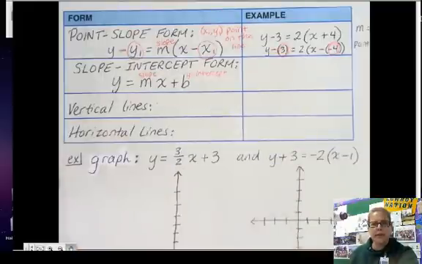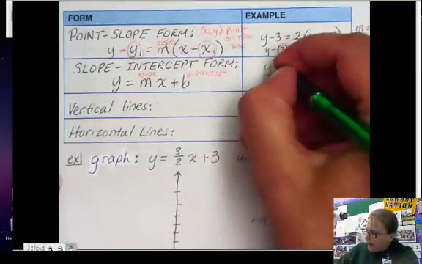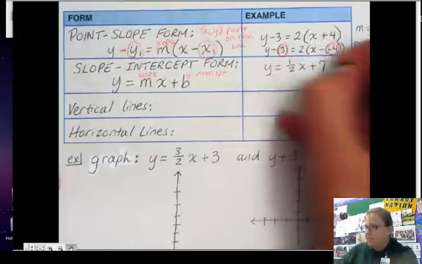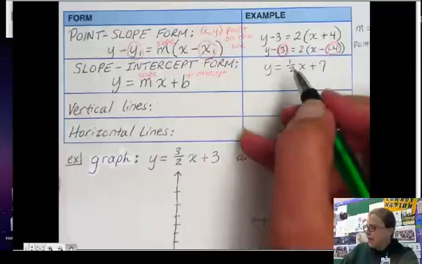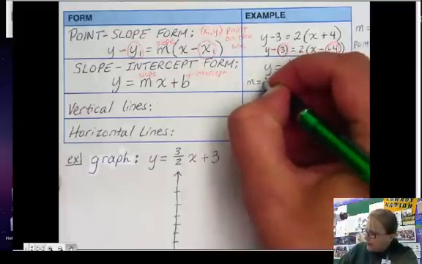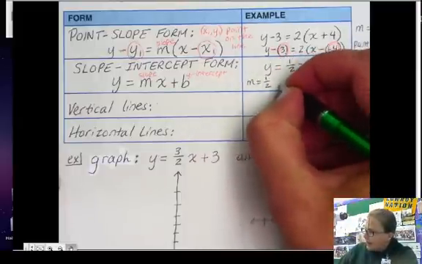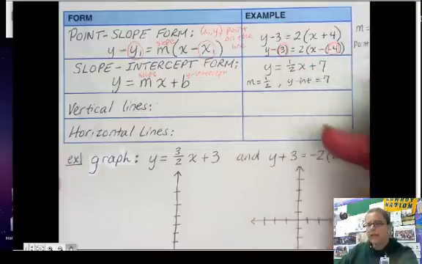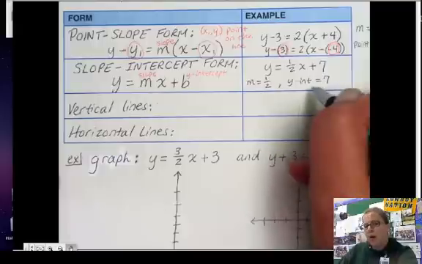So y-intercept is what b is. So let's do an example. Y equals 1/2 x plus 7. So that means that my slope, m, is 1/2. And my y-intercept equals 7. And y-intercept, remember, is where it crosses the y-axis.